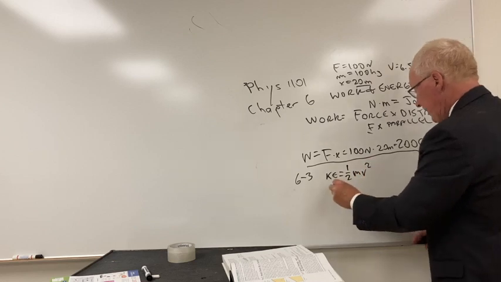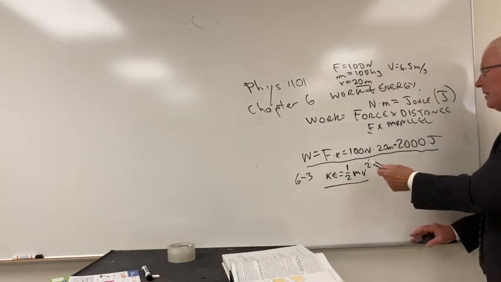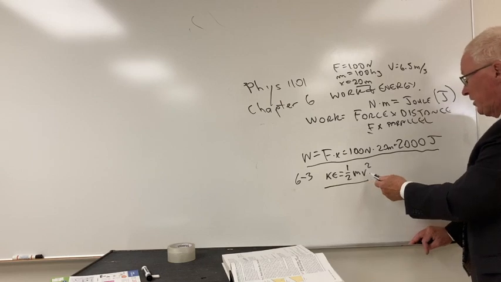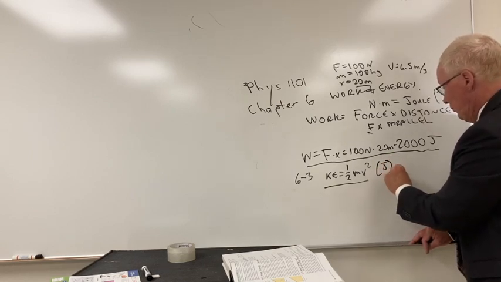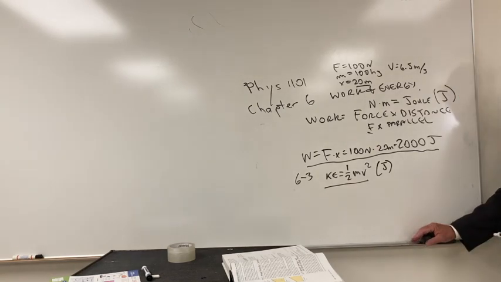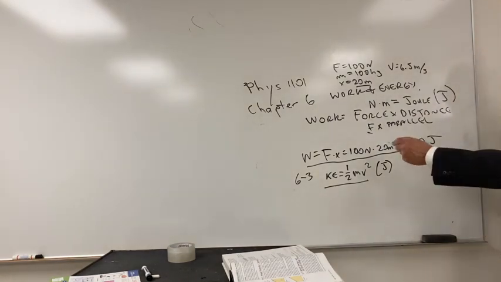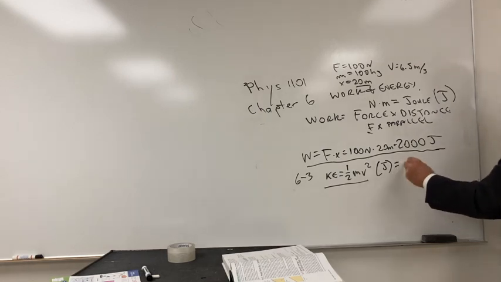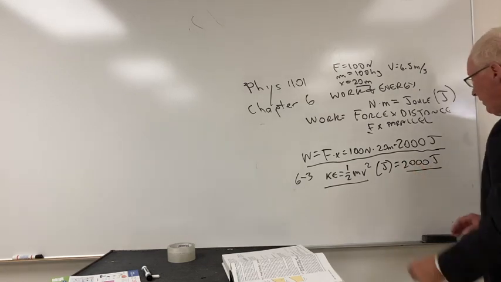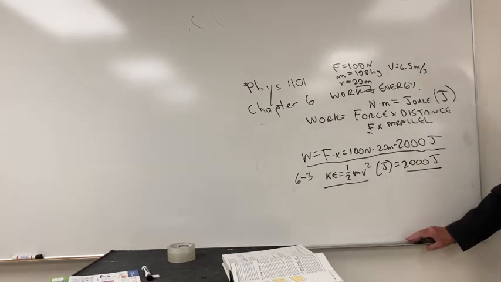All right, so the kinetic energy of an object of mass m and speed v is given by this in units of joules. So what we're going to have here is this is the work given to it. This then becomes the kinetic energy this object has. So it has 2,000 joules of kinetic energy.